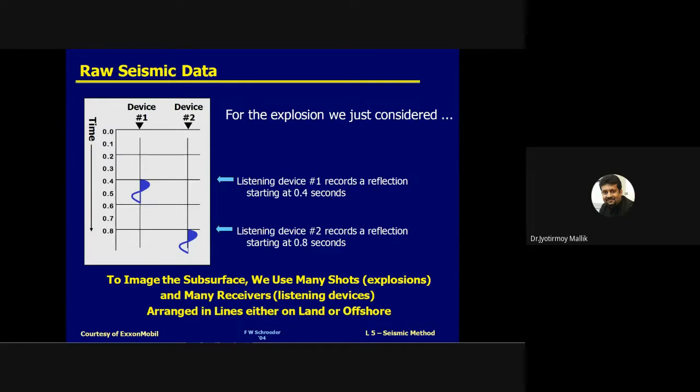Now, you remember when we talked about the arrival of the wave, say for example, the P wave arrival. For the P wave, what we have seen is that there is a compression and a relaxation, right? Let us say the compression is represented by the positive amplitude, and this is the negative amplitude.